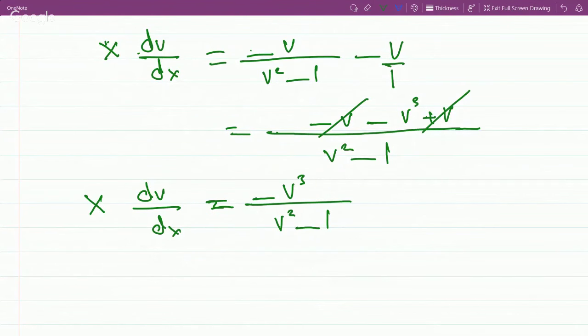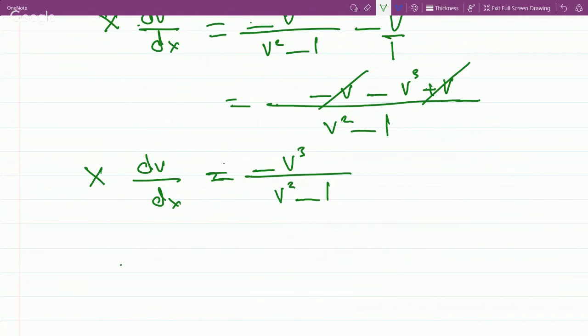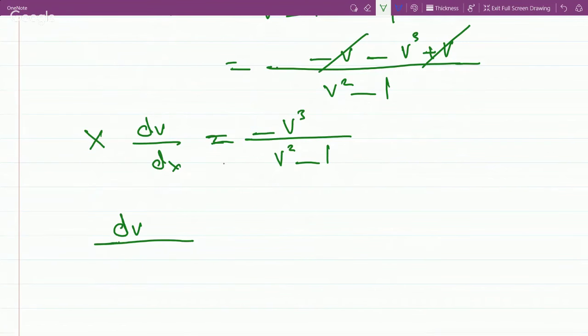Now we multiply by dx on the right hand side to separate the variables, and divide both sides by this. So I can put the dv with the v, the x with the dx.